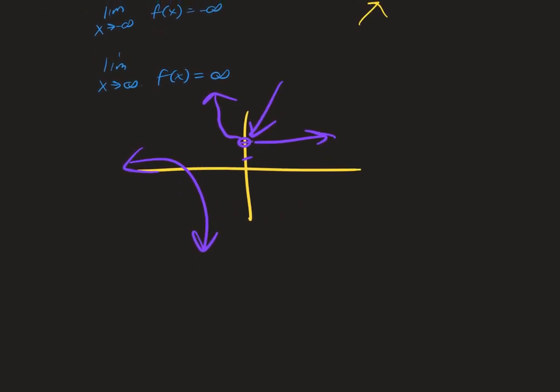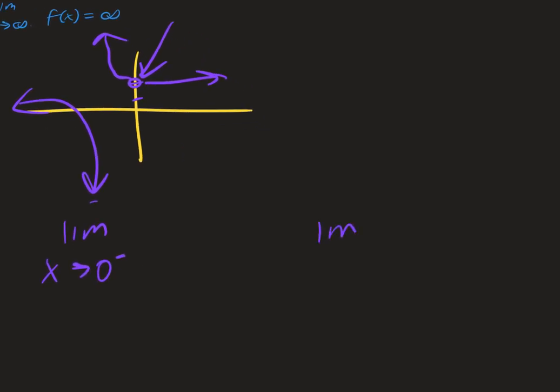If it wanted you to express the hole in limit notation, or you're approaching the vertical asymptotes, you would use that. So if you're not doing end behavior and you're going towards a value, that's when you get the minus and the plus, the little subscript. That's what you're talking about, right? So this would be the limit as x approaches 0 from the left, and the limit as x approaches 0 from the right.